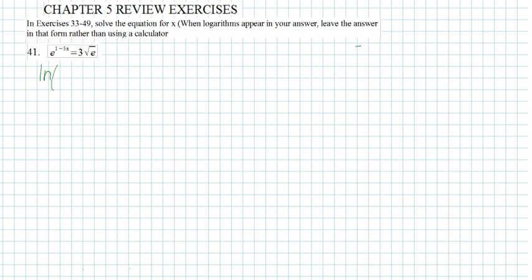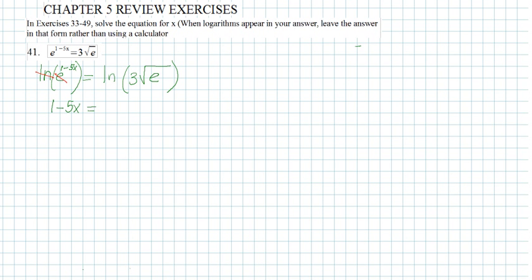So ln of e to the 1 minus 5x equals the natural logarithm of 3 square root of e. And like I say, whenever you have ln and e together, just eliminate them. And now you're left with 1 minus 5x equals.